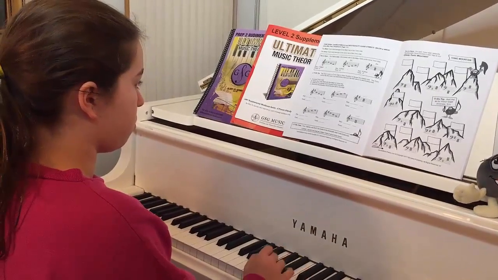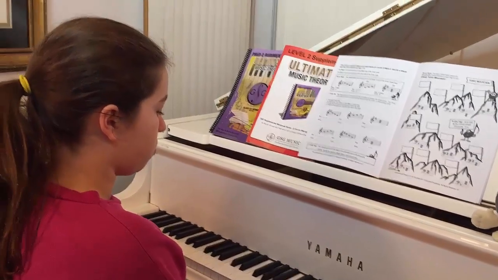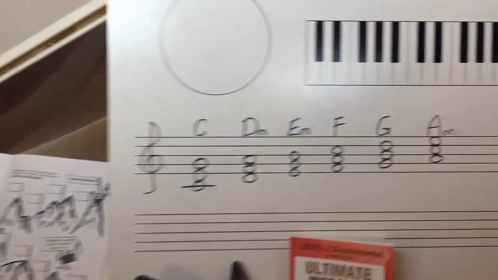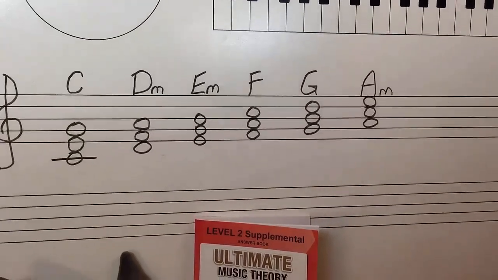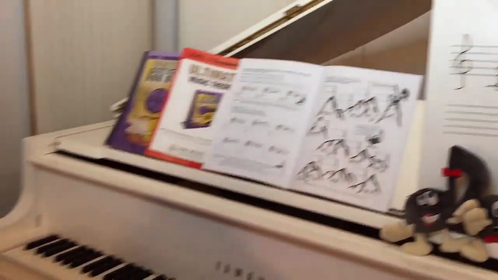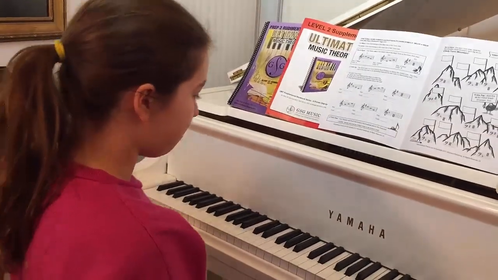C, and the quality of that C chord is? Major, minor? Major. And what does the little M mean after a triad like that? If there is an M, that means it is minor. So if I played D, I wrote DM. Very good. Because it's minor. Thanks, Jillian. Okay, let's play our game.